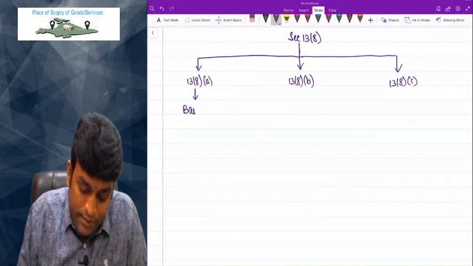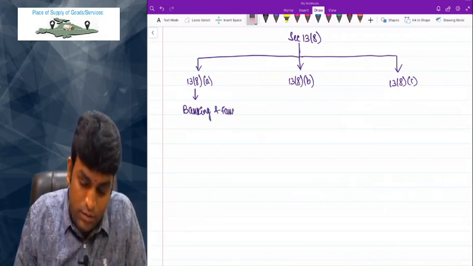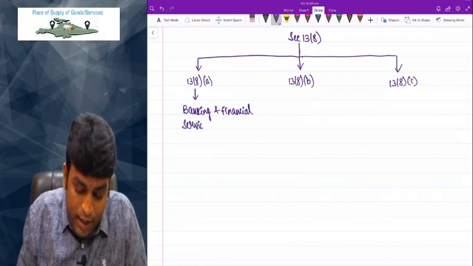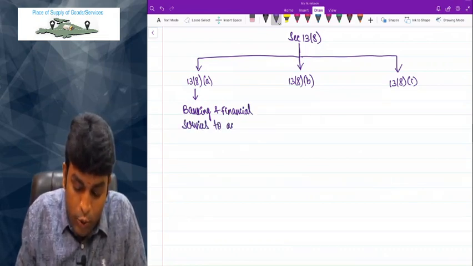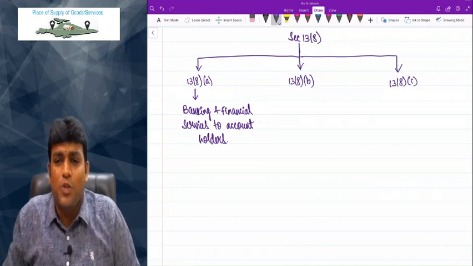13.8A talks about banking and financial services to account holders. Banking and financial services to what, my dear friends?